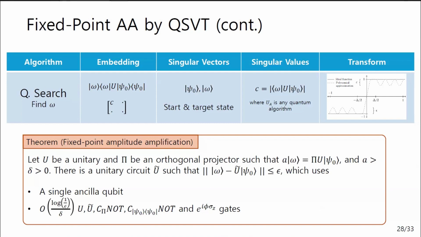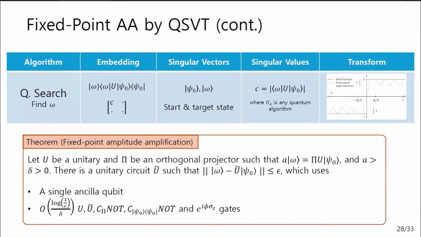Let U be a unitary and pi be a projector such that A omega is equal to pi U psi 0, and A is bigger than delta, and delta is bigger than 0.